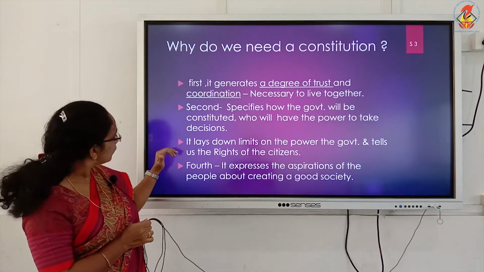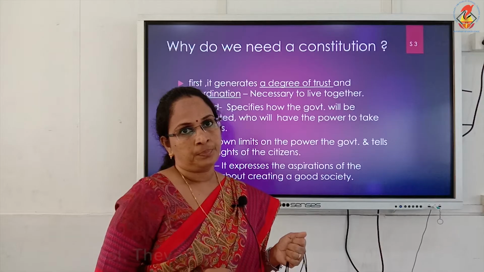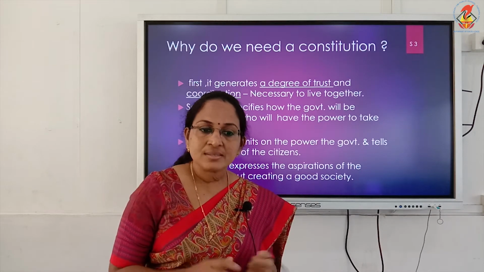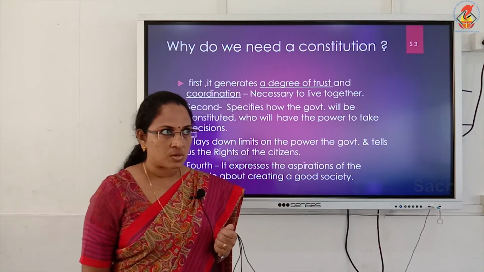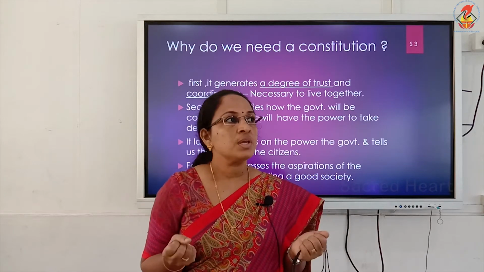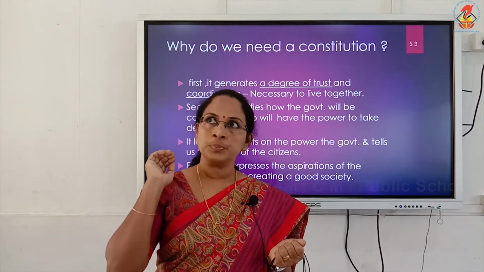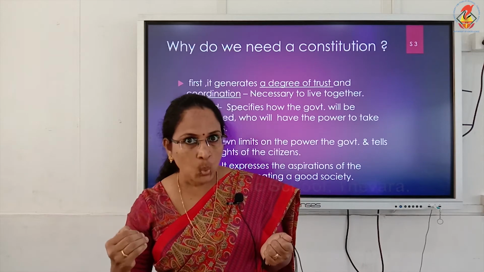Second point is over. Move on to the third one, children. It lays down limits on the powers of the government and tells us the rights of the citizens. That means we have different levels of government: the union or central government, state governments and local government.